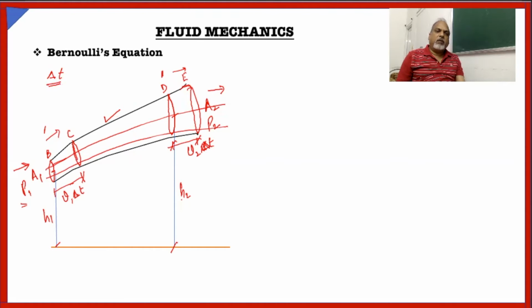This liquid is advancing to C, so that this distance will be, suppose velocity is V1, then it is V1 delta T. Means in delta T time, this will advance this distance.